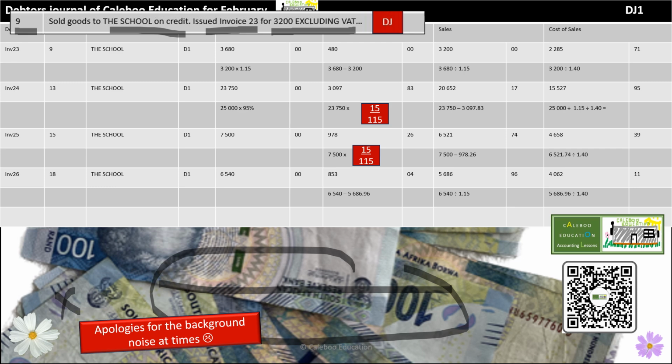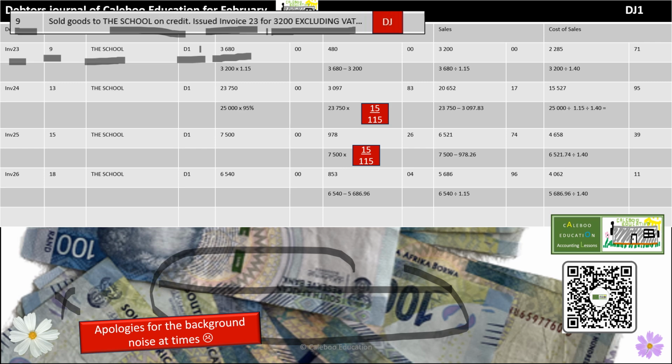So we've got the document, invoice 23, the 9th, the debtor is the school, the debtor's folio is given to you, D1, and the amount of the sale is 3,680. Now it says 3,200, but what we need to do is include the VAT, because the school is going to pay us the price which includes VAT.